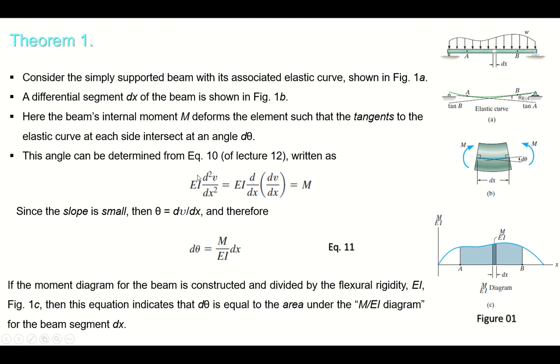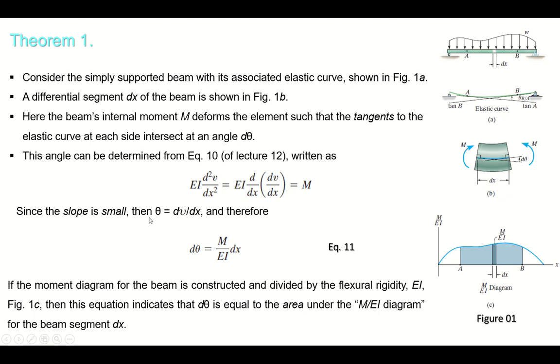So what is happening here is that we consider equation 10 of the previous lecture, the double integration method, where EI d square y by dx square was equal to M. When you write this equation in this form, you can see that the rate of change of y with respect to x is basically the slope.